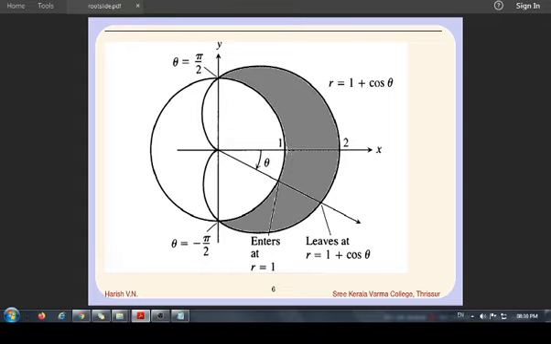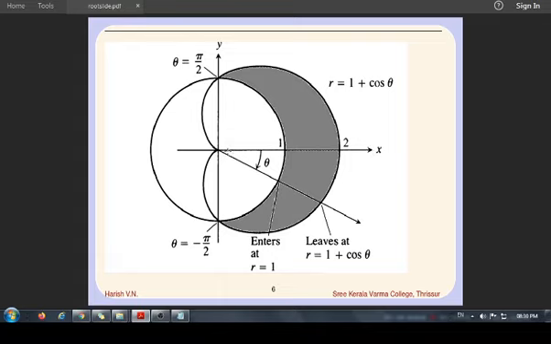Now the value of r at which it enters the region is the lower limit of the integration with respect to r, and the value of r at which the ray leaves the region is the upper limit of that integration.